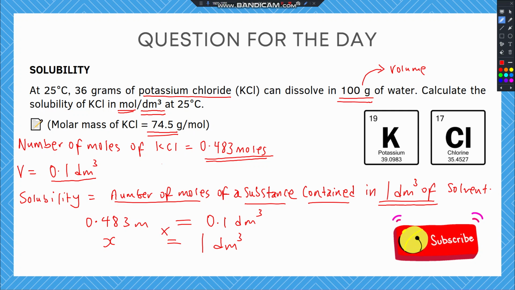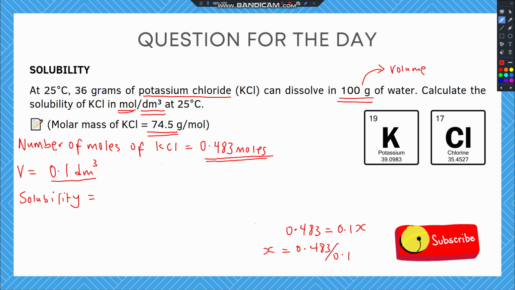At this point, we can cross multiply. When we cross multiply, we have 0.483 is equal to 0.1x. So x now becomes 0.483 divided by 0.1. Doing a bit of math reveals to us that 0.483 divided by 0.1 gives us 4.83. This is the solubility measured in moles per dm³.